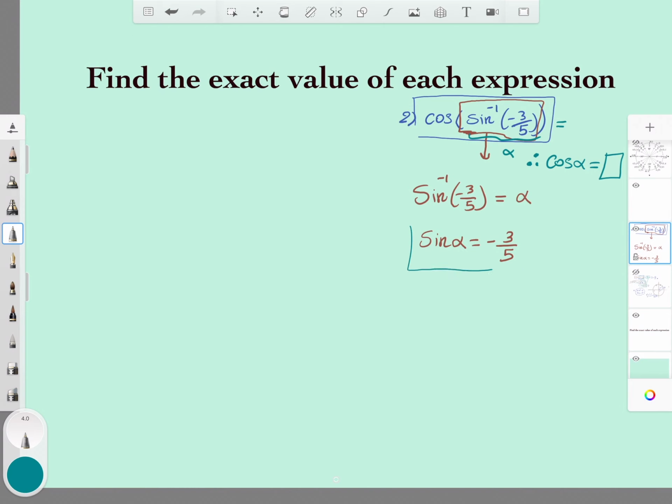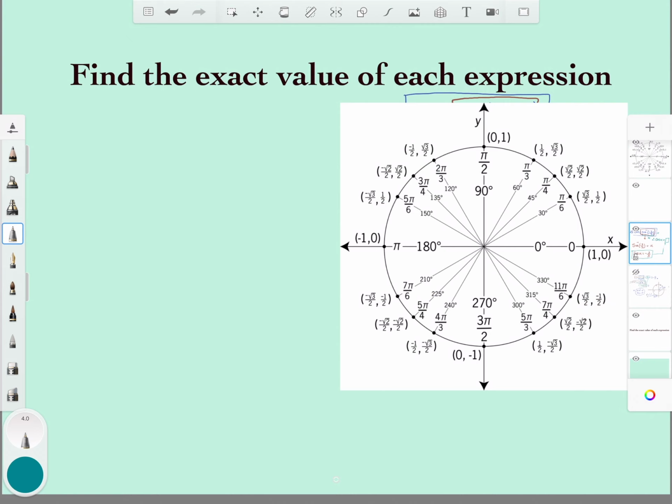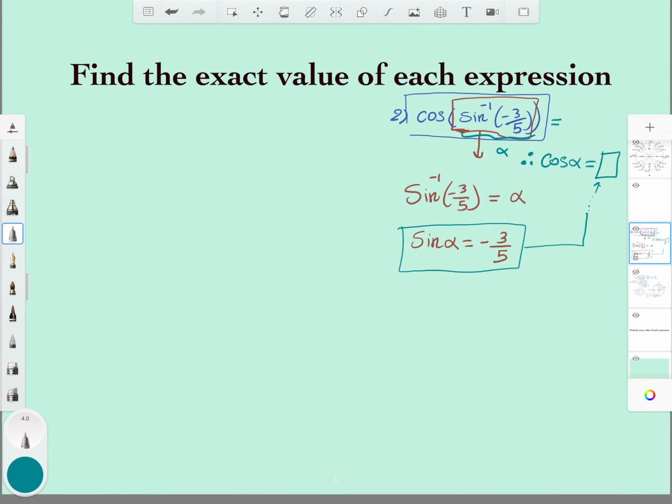If you solve for cosine of alpha, that means you answer the question. So now we have sine of alpha is negative 3 over 5. We are looking for cosine of alpha. Negative 3 over 5 is not on the unit circle. It would be a good idea to look at the unit circle for theta if you see the value of sine, but none of the angles gives us negative 3 over 5.